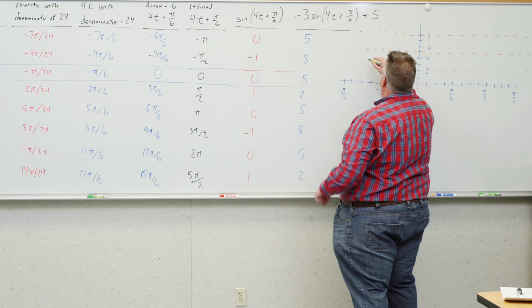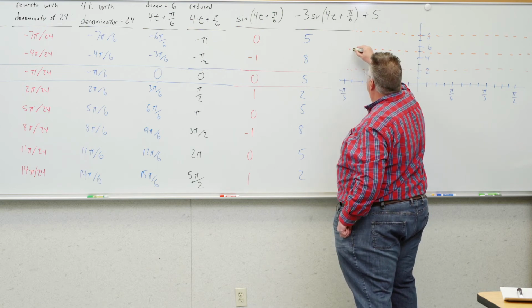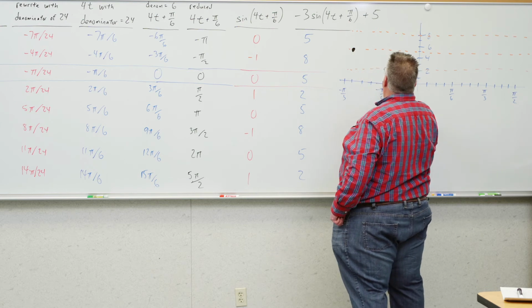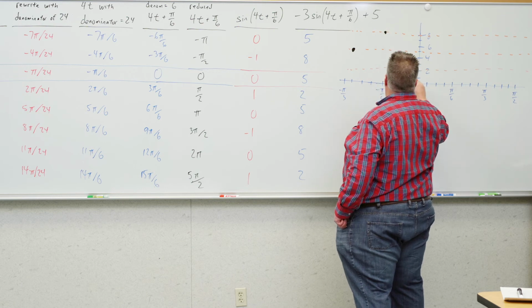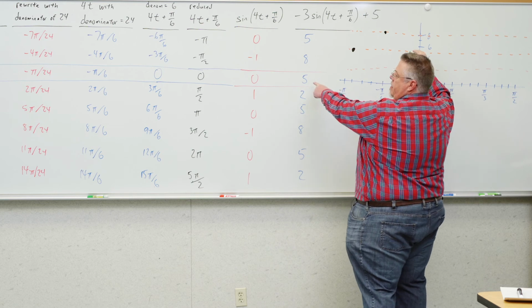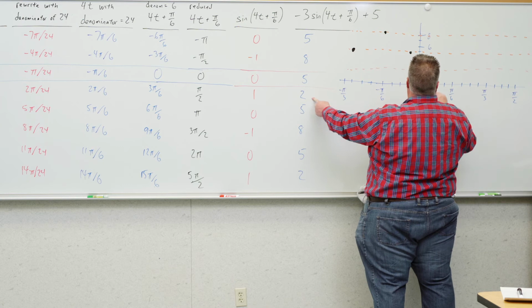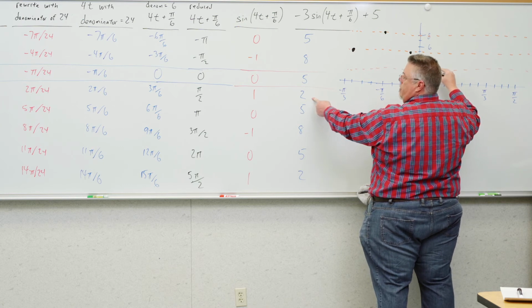I'm getting out 5. I'm in the middle. So 4, 5, 6, 7 over 24. I'm getting out 5 in the middle. Then at negative pi over 6, I'm at 8. Negative 1 pi over 24, I'm back in the middle at 5. Pi over 12, which is 2 pi over 24, I'm down here at 2.